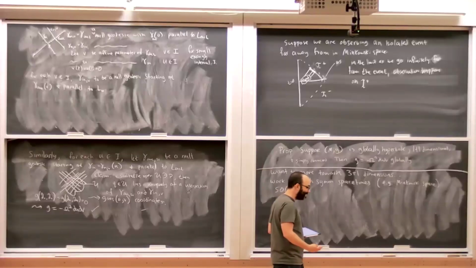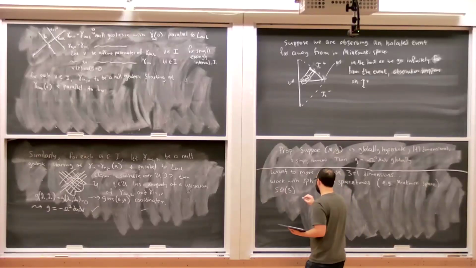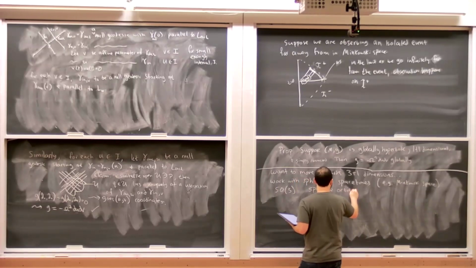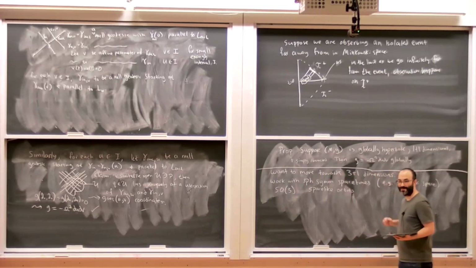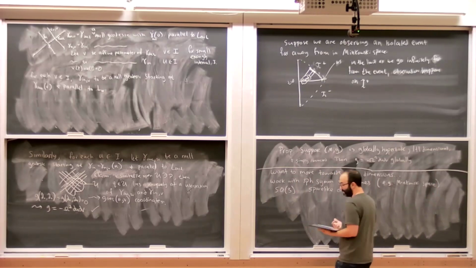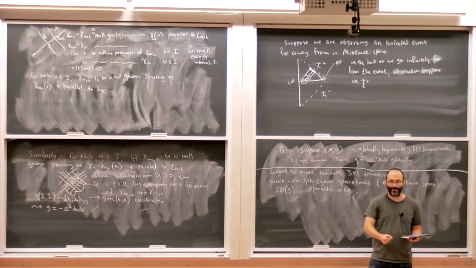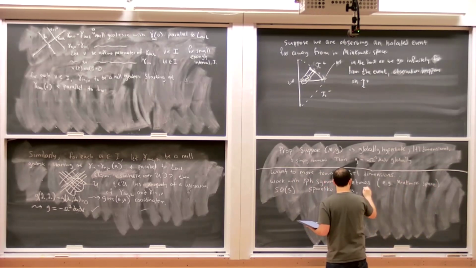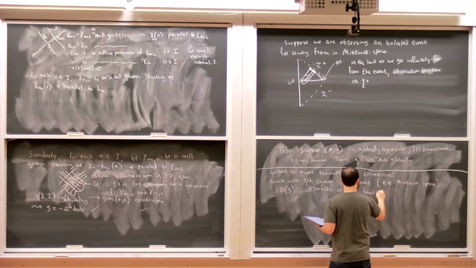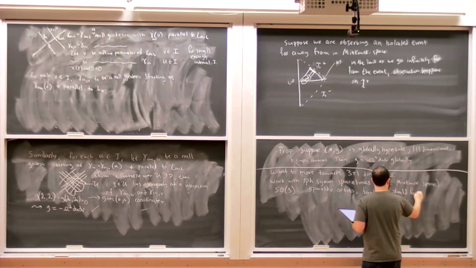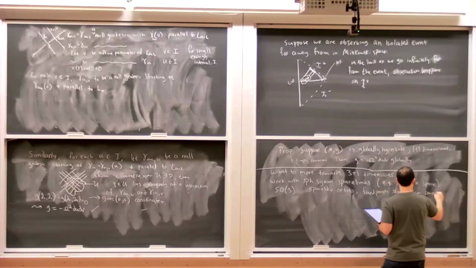So this means that you have an action of SO3. You want space-like orbits in general, so your sphere should be space-like. You can have fixed points, like on Minkowski space, we have fixed points, right? There's r equals 0. So we want to allow that. But the fixed points, if they exist, should form a smooth time-like curve.